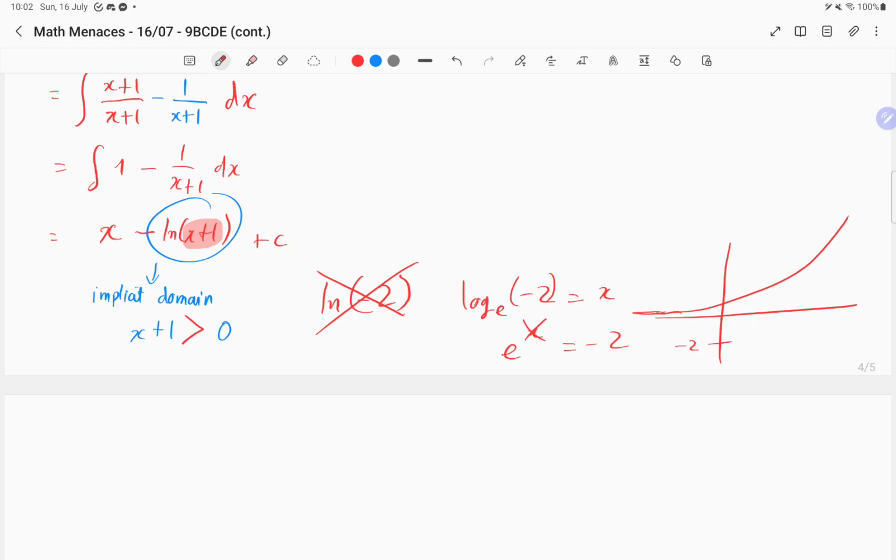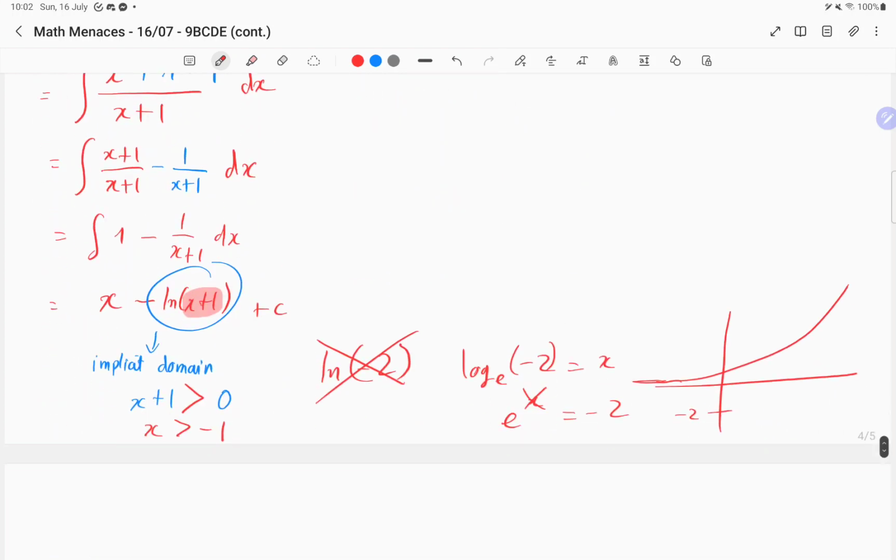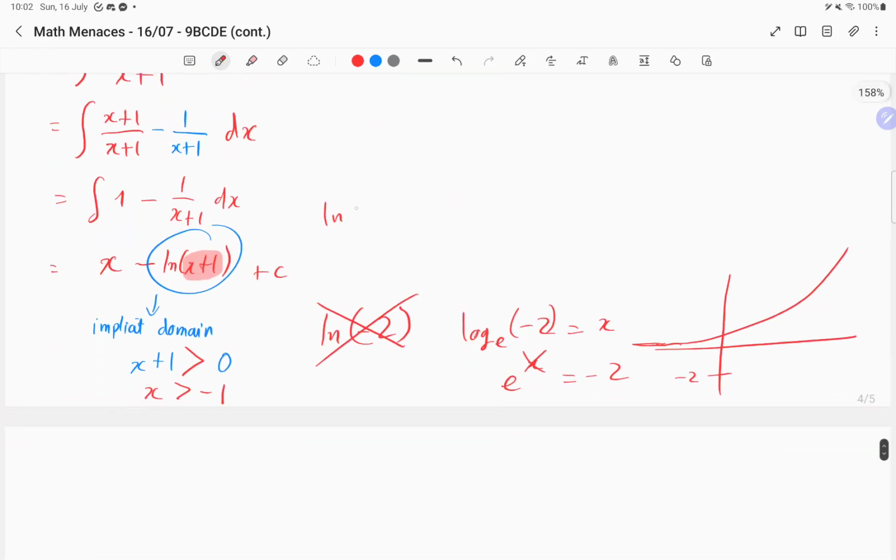So it's strictly positive. Okay, so x plus 1 is strictly more than 0, and you move the plus 1 over, so x is strictly more than -1, which is the implicit domain here. Does it make sense? Yeah. So when you see this domain, they're just saying that we'll put the domain in so that your answer is correct. Because Sarah, when you learn it later, there is a form where if you don't have that domain, you use the absolute symbol.